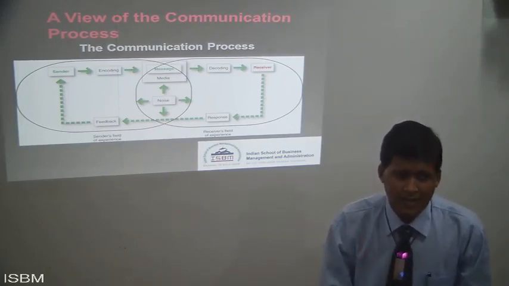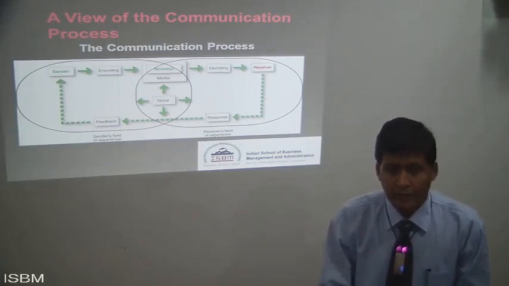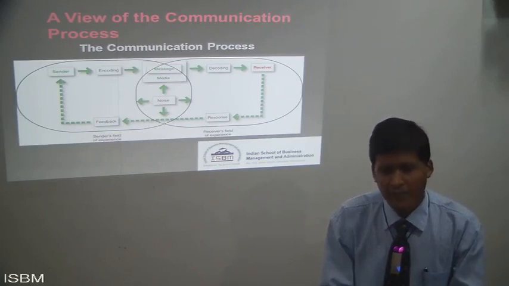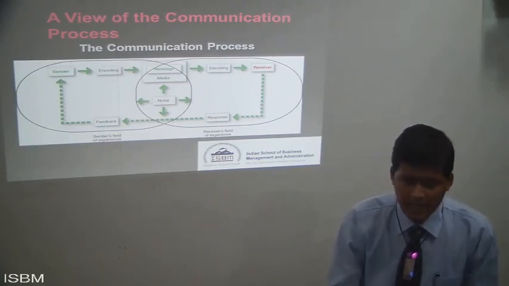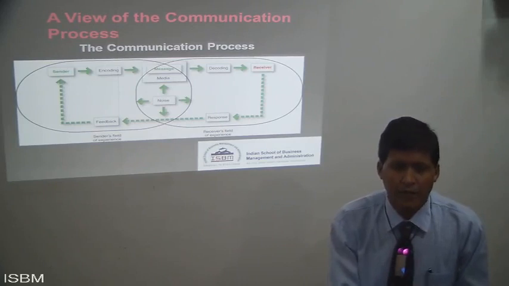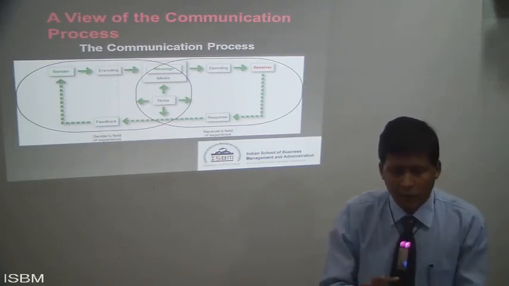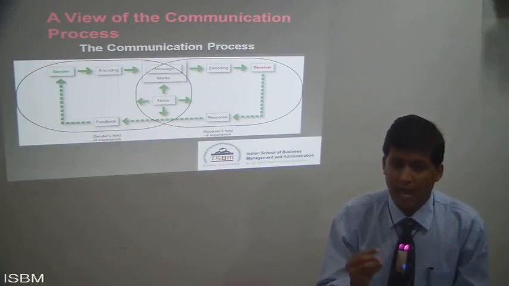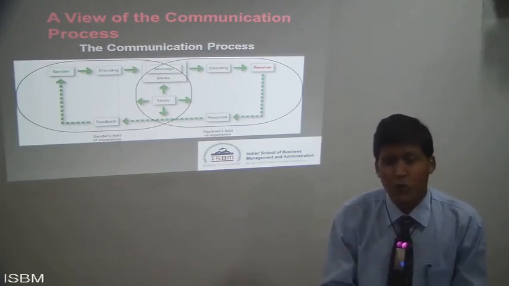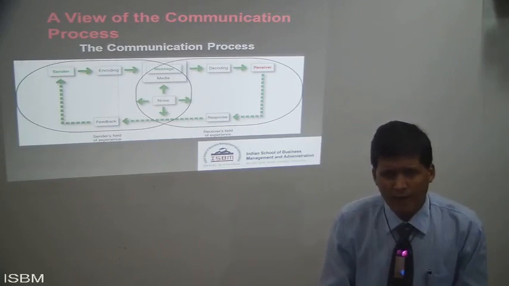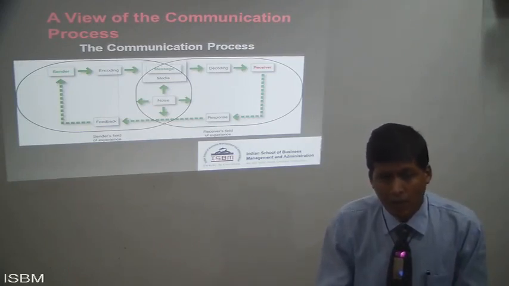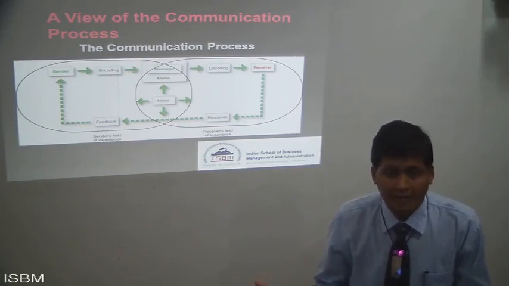If you see in this slide, there is one more thing. If you see the overlap, in this overlap, two things are featuring: the sender's field of experience, and on the right hand side, the receiver's field of experience. In this overlap of these two circles, we have a message and also noise. When we say noise, it is all the unwanted messages, or messages of other things as well.